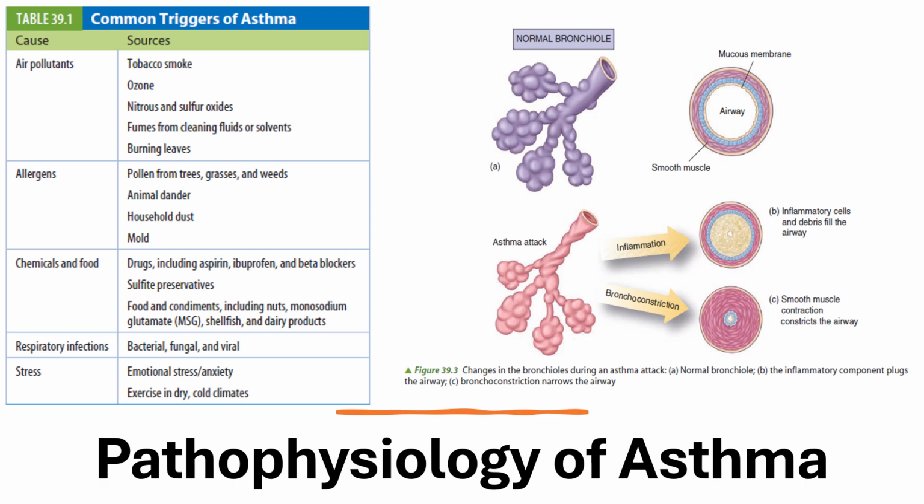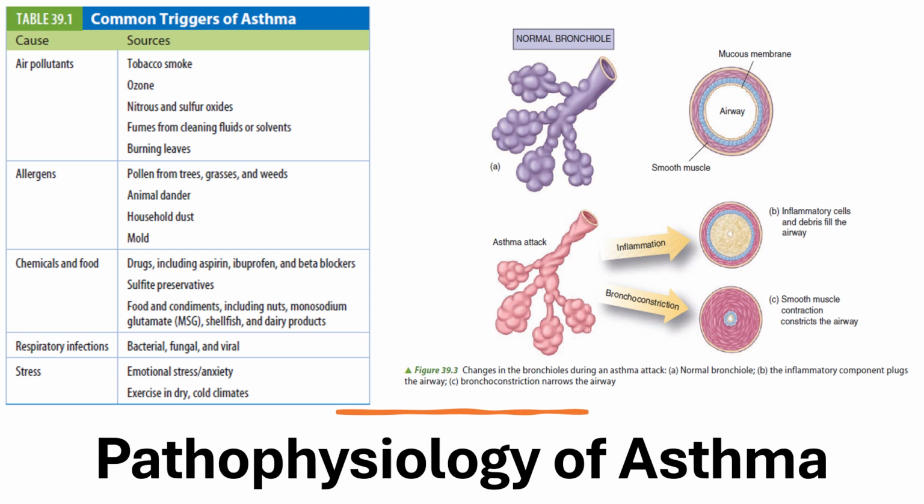Intervals between symptoms may vary from days to weeks to months. Some patients experience asthma when exposed to specific triggers, such as those listed in the table. Others experience the disorder on exertion, a condition called exercise-induced asthma.